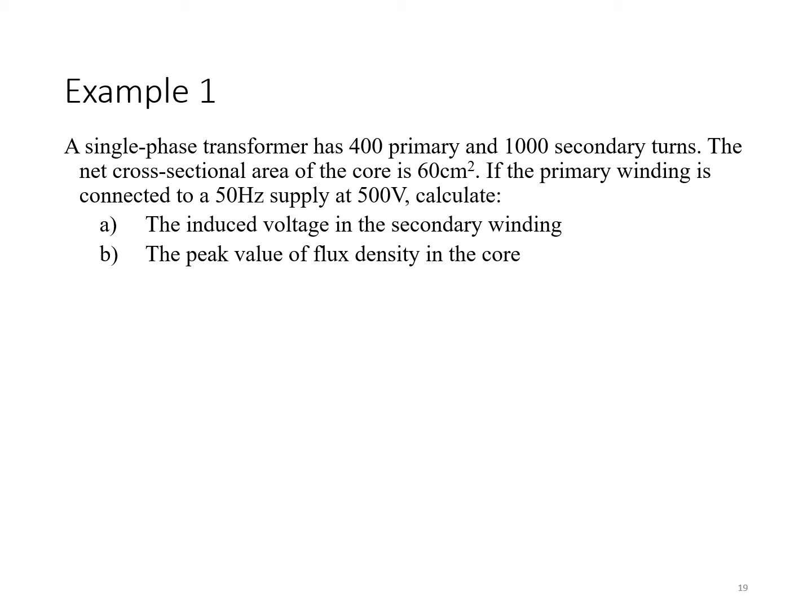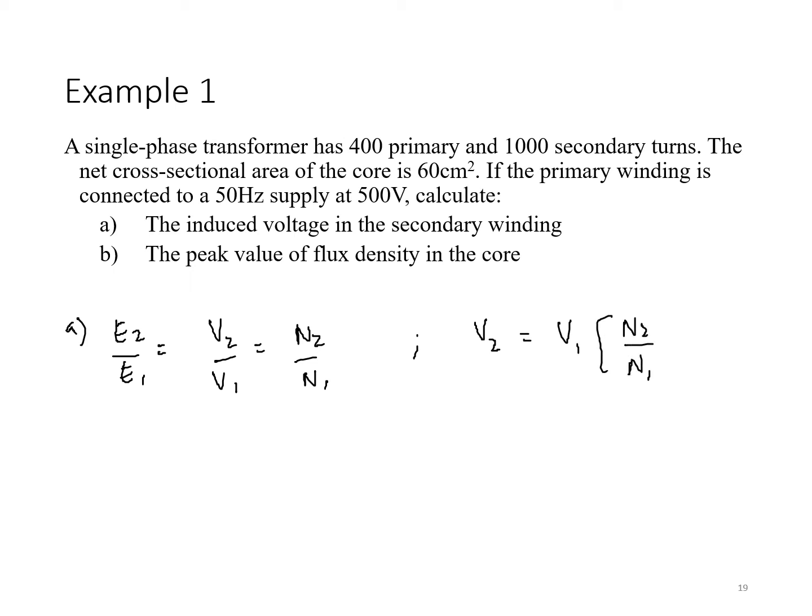First, we calculate the induced voltage in the secondary winding. We use the formula E2 divided by E1 is equal to V2 divided by V1, which is equal to N2 divided by N1. Thus, the induced voltage in the secondary winding is V1 N2 divided by N1.